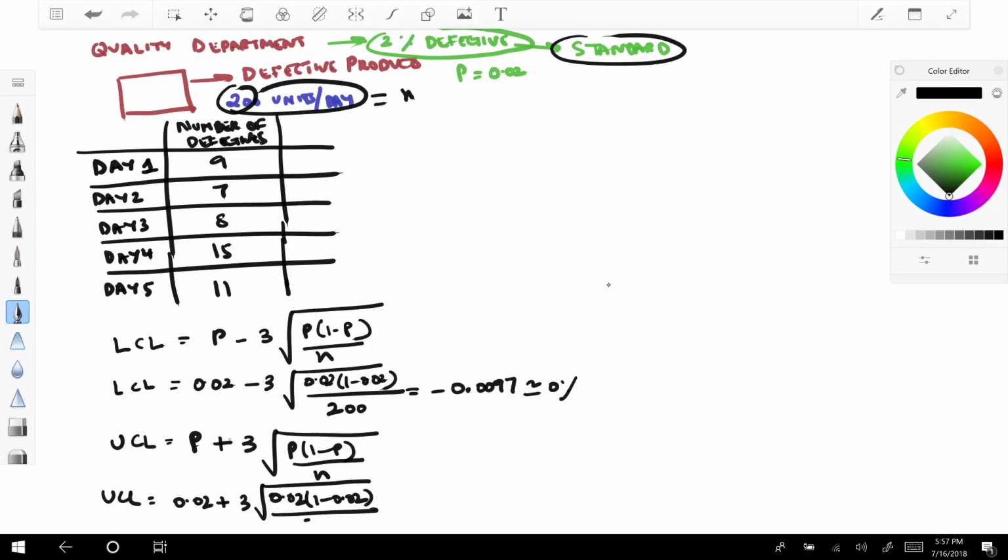This is going to give us 0.0497, that is 4.97%. Now to draw a P chart, we need percent defective here.